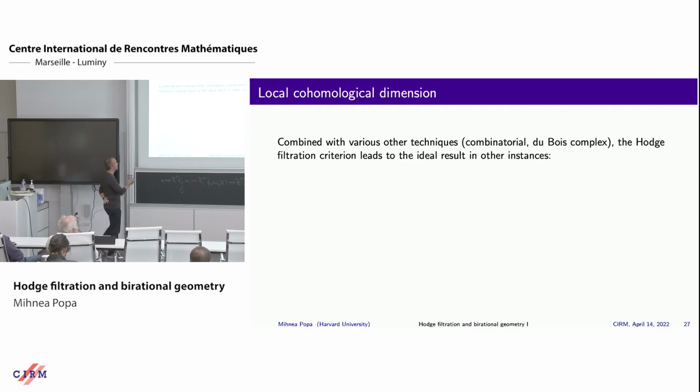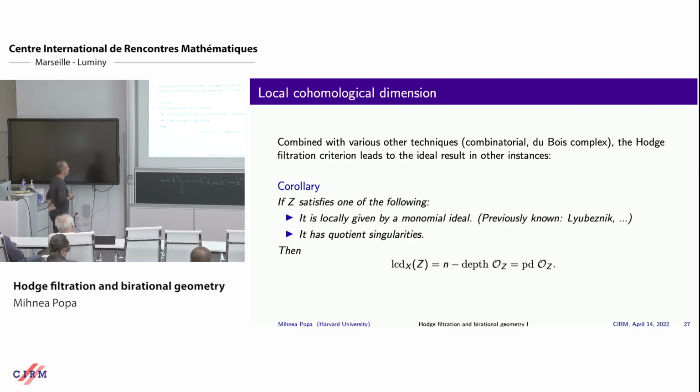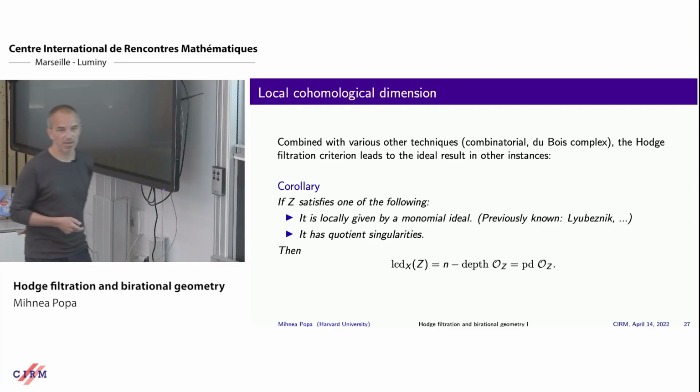So sometimes combinatorial, sometimes some knowledge of the Du Bois complex that will appear in Mircea's talk tomorrow, and so on. But here are some examples. For instance, if Z is given by a monomial ideal, this procedure with the Hodge filtration shows you. So anyway, I guess what I'm saying is that this is the ideal result, okay? And of course, n minus the depth is the same as the projective dimension by Auslander-Buchsbaum.